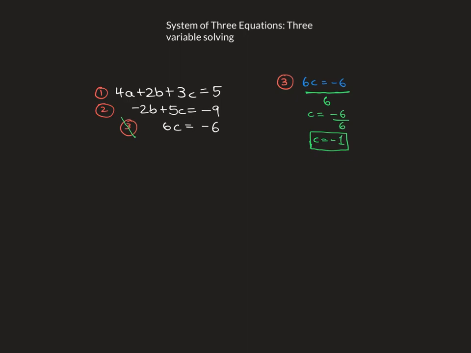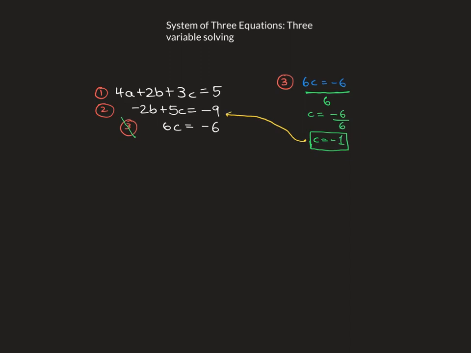And now let's look at our first and second equation. So what can we sub in, or substitute in, our value of c in order to get a separate variable? We can take our value of c and put it into our second equation.